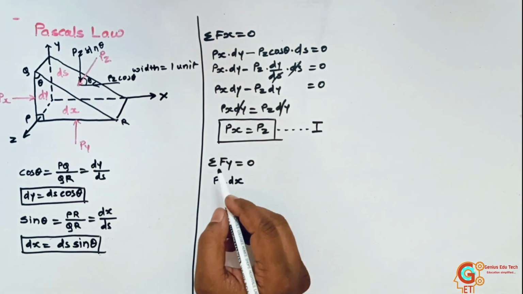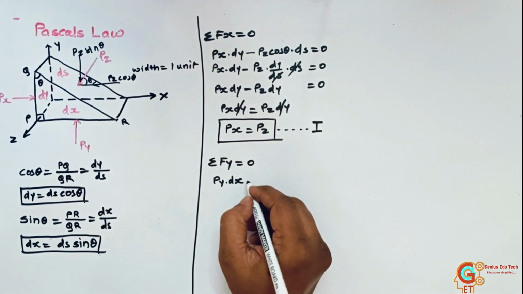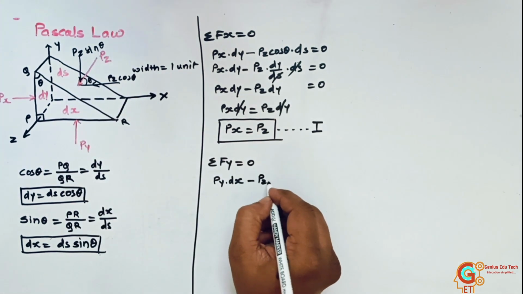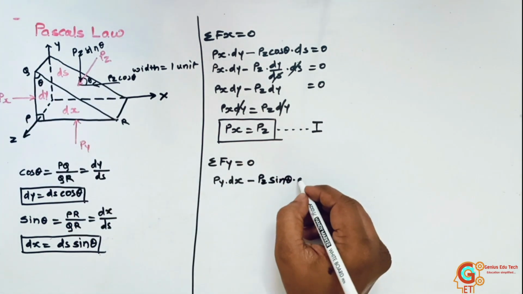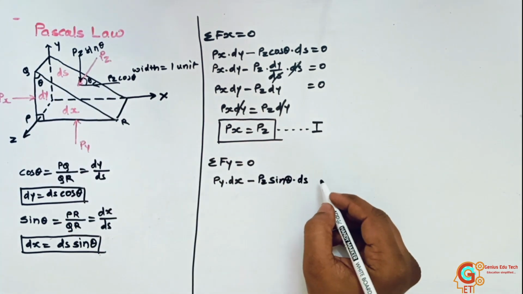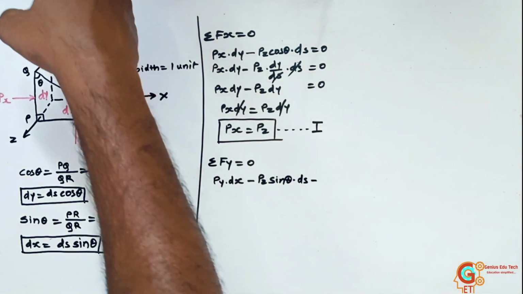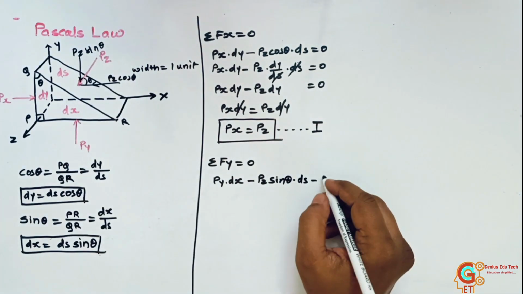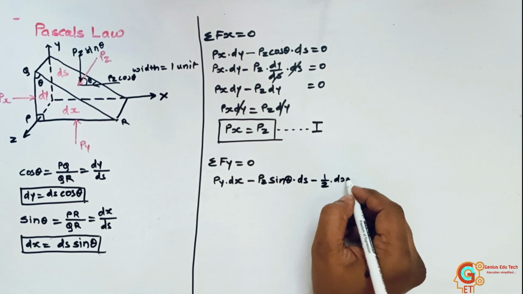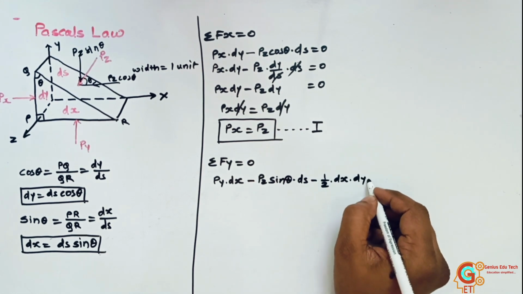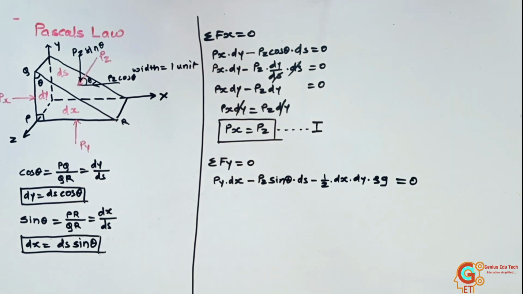Second force acting vertically downward is Pz sin theta into area ds, and again the self weight of the element, which is always acting in vertically downward direction, so it is half into dx into dy into rho g is equal to 0.